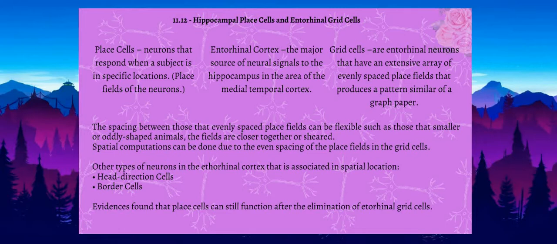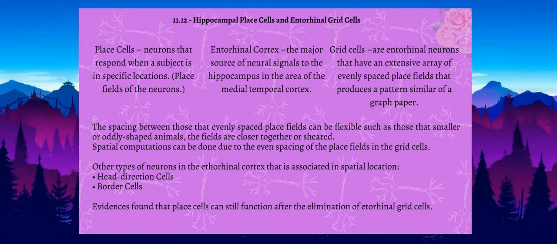The spacing between those evenly spaced place fields can be flexible, such as in smaller or oddly shaped animals, so their fields are closer together or shared. Spatial computation can be done due to the even spacing of the place fields in the grid cells. These grid cells can also be seen in human patients.